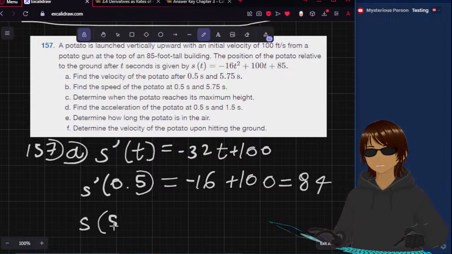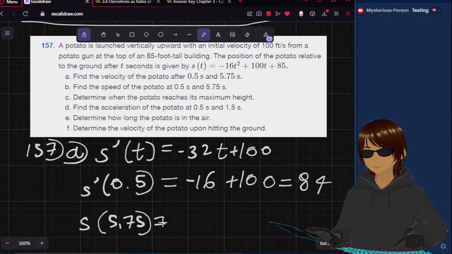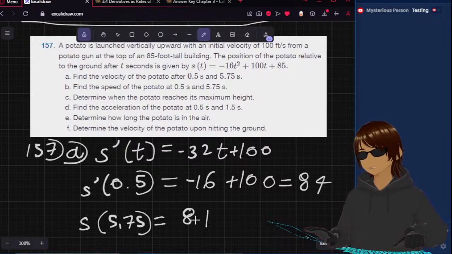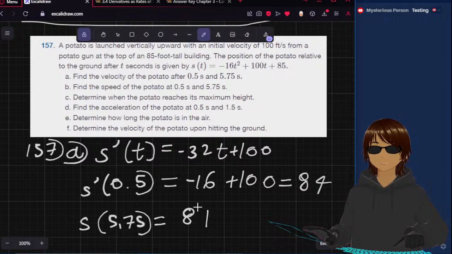Next one, 5.75. Minus 32 times 5.75 plus 100 is... hold on, this is minus 84.